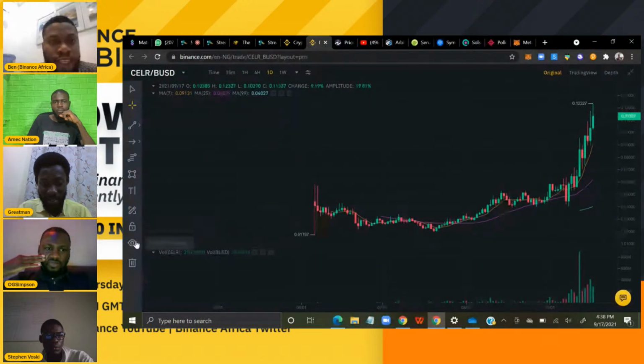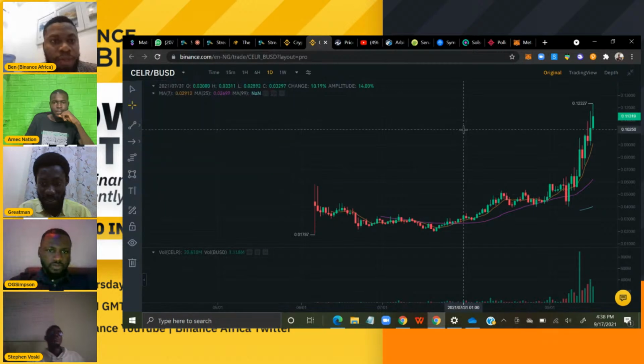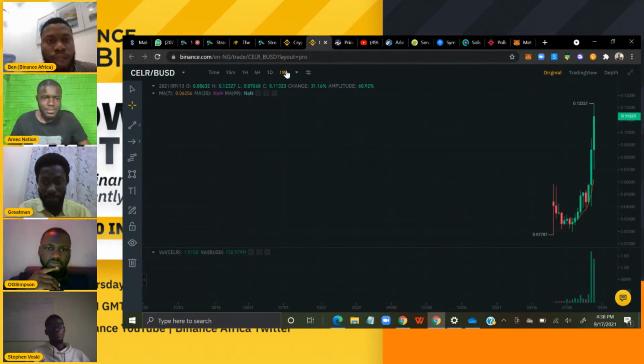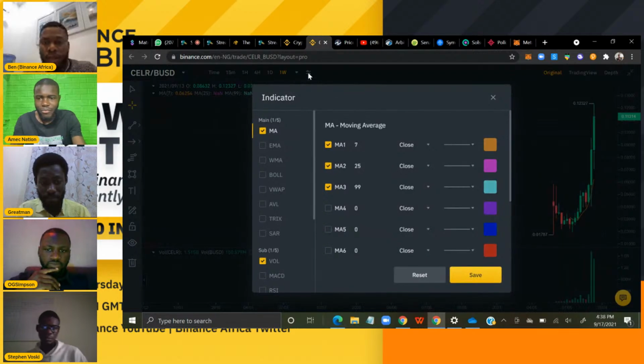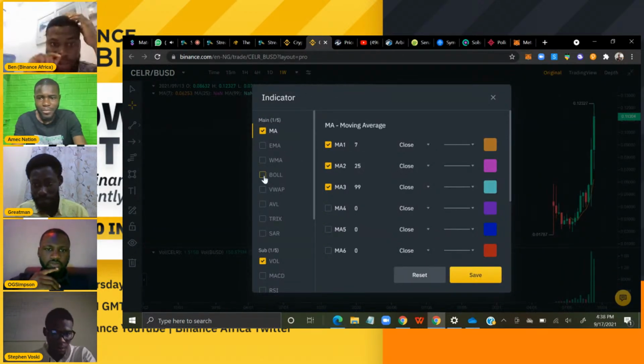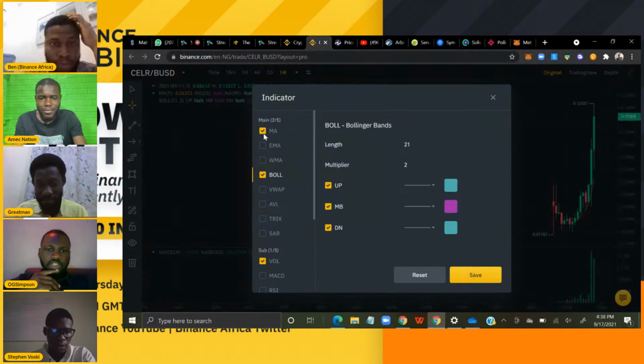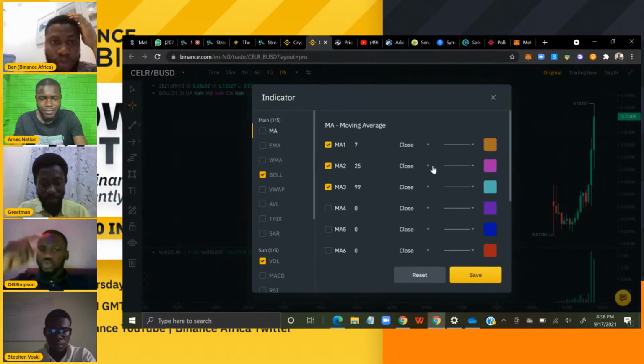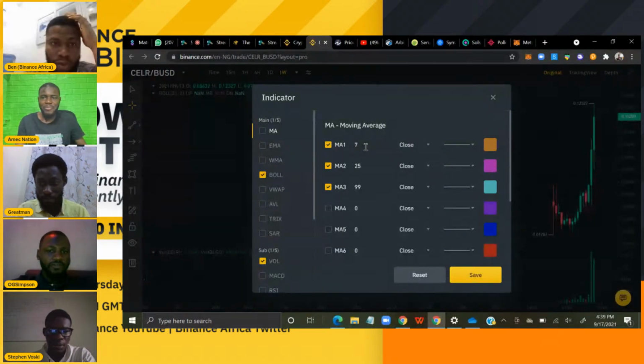Voski, it's at the top where you have indicators, just beside the time frame. Go to Bollinger. Set it up. The length should be 5. It should be 522.